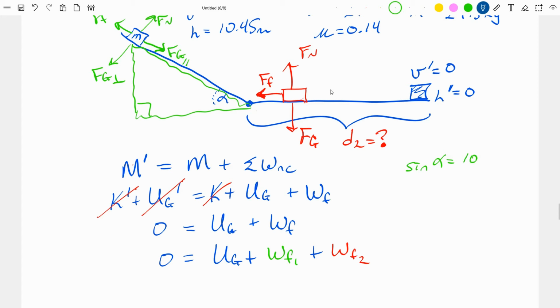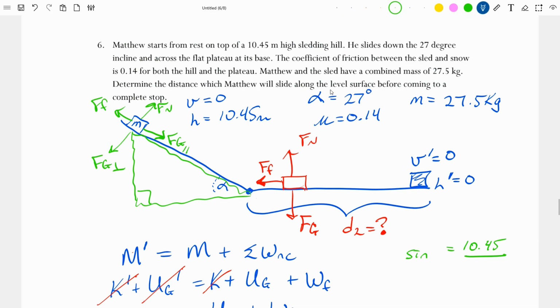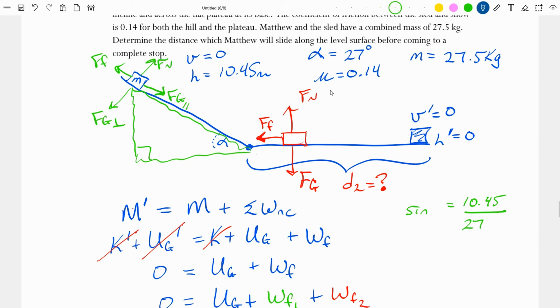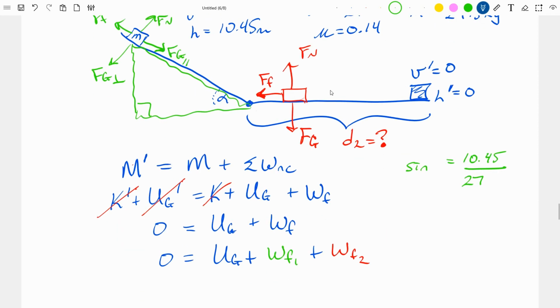In fact, I'll just put the number in, 10.45 over, oh, in fact, if I'm putting numbers in, let's put the sine of the actual angle, which was 27 degrees. I have that written here. No, sorry, my mistake. Lost track of where it was. Sine of 27 degrees is equal to opposite, which is effectively the height, divided by the distance moved in part 1.